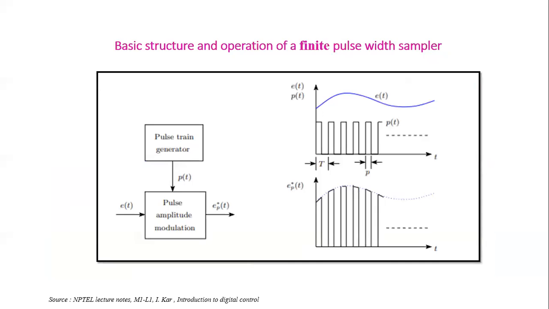I think it must be very clear that T is nothing but the sampling period and P is the duration that you see. I hope you are able to trace the mouse as I move it. I have a pulse train generator, and T is the period. P is the period for which I'm taking the sample, so the pulse is high. And the output that I now see, as is quite obvious, is discrete in time.